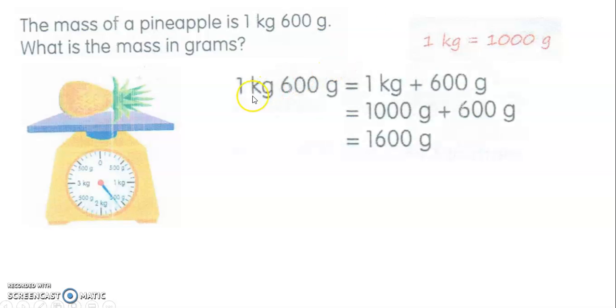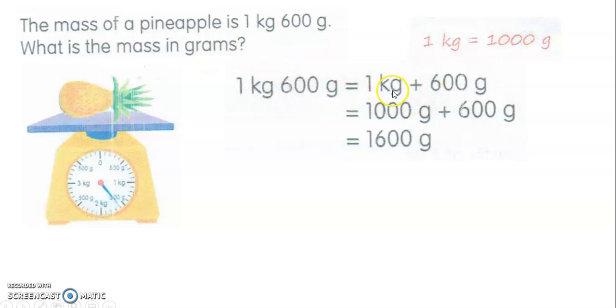Okay, so I want you to look at this. 1 kilogram 600 grams equals, we separate kilograms from grams because we want to convert each kilogram into grams, because the question says what's the mass in grams, so we must find the mass in grams only.